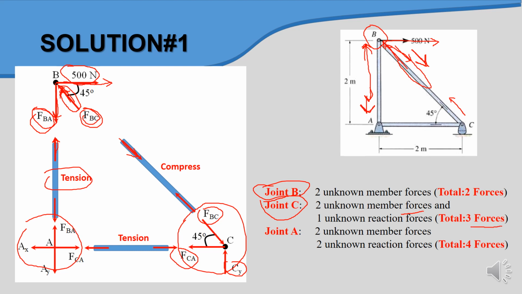So in total we have 3 forces we don't know. At joint A, we have 2 unknown member forces, FBA and FCA, and two unknown reaction forces, AX and AY.